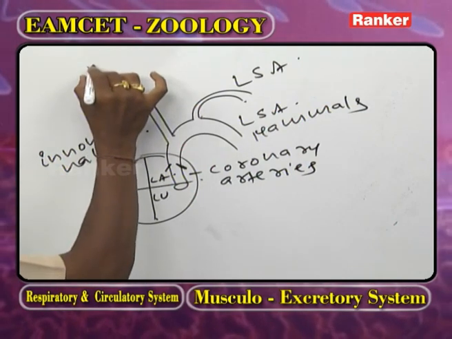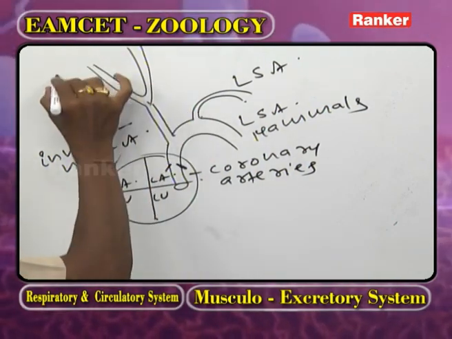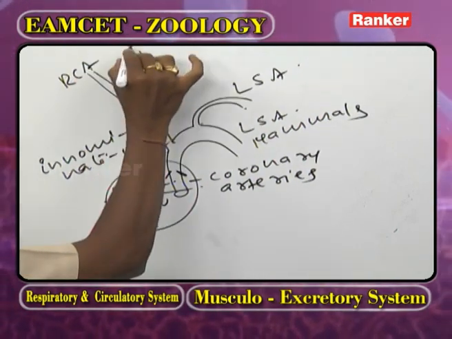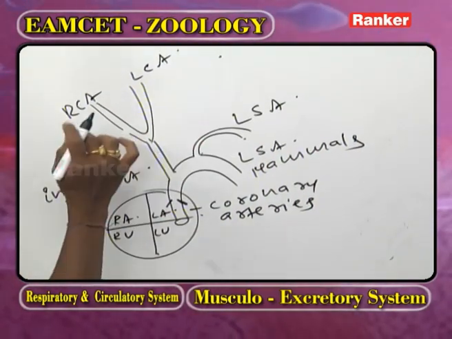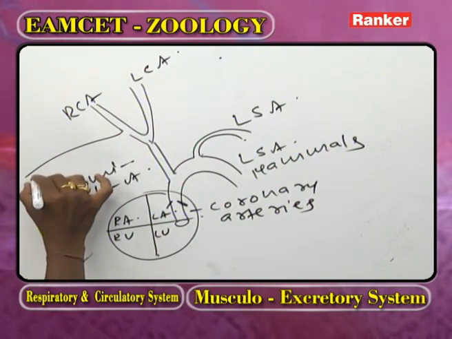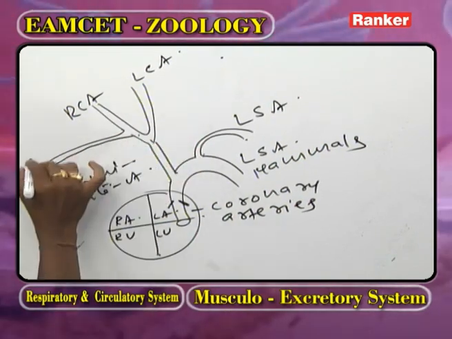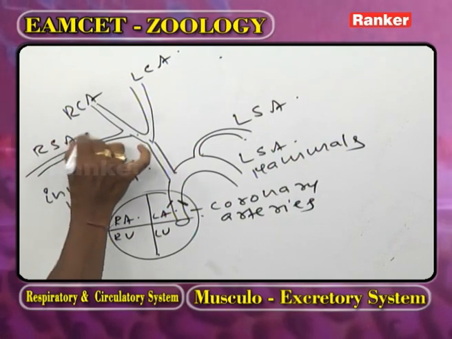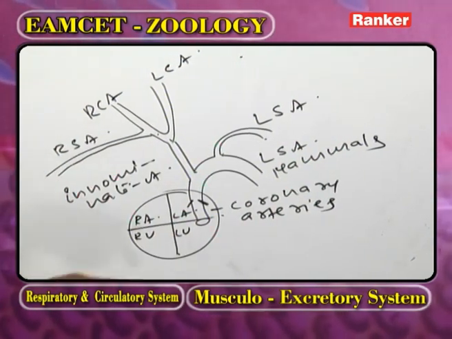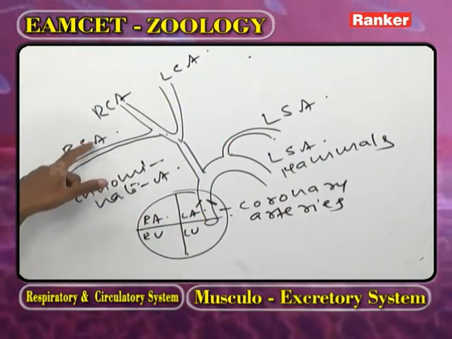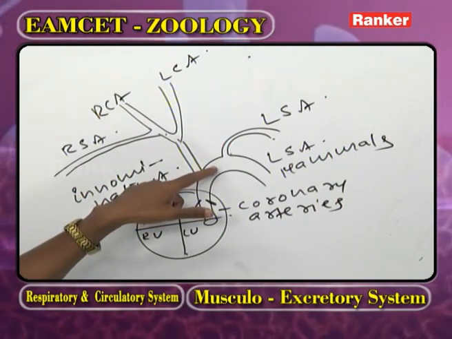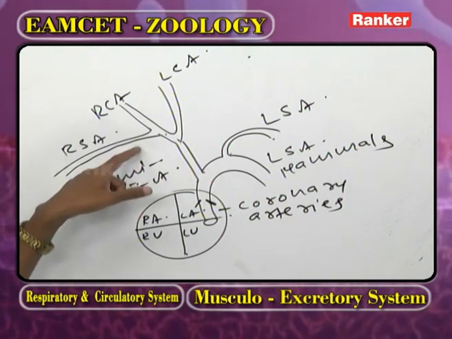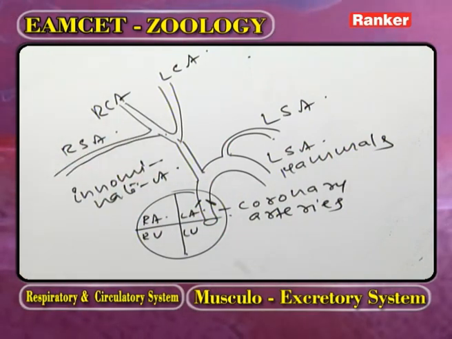Now it divides into the right carotid artery and left carotid artery. Now from the base of right carotid artery, what will arise? The right subclavian artery. Now you observe the diagram. Here the right subclavian artery does not arise from the left systemic arch. It arises from the base of right carotid artery.